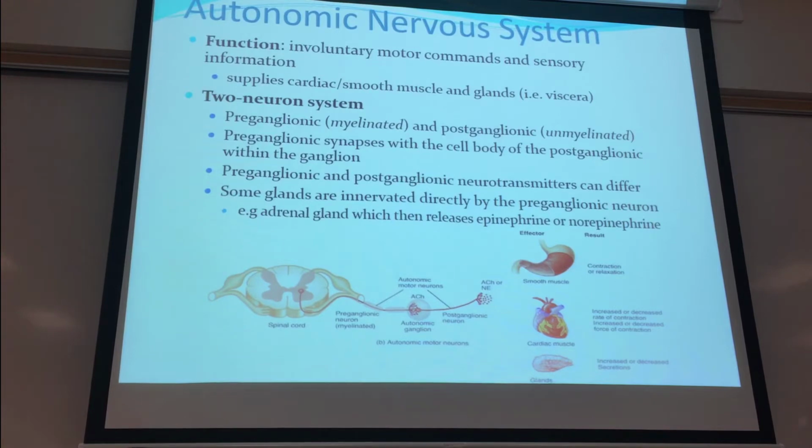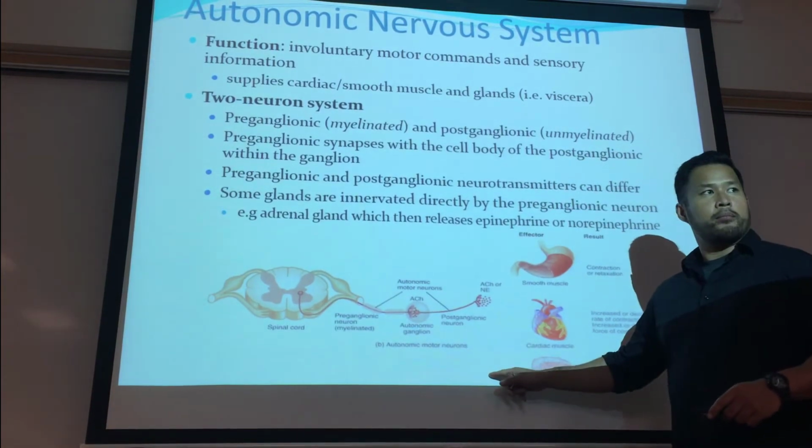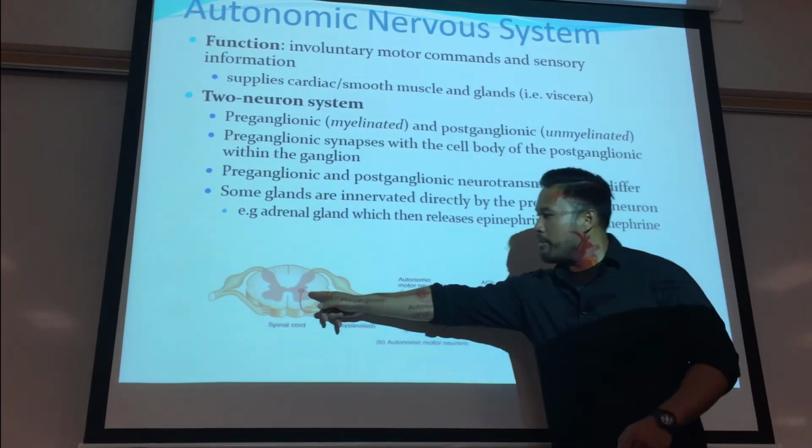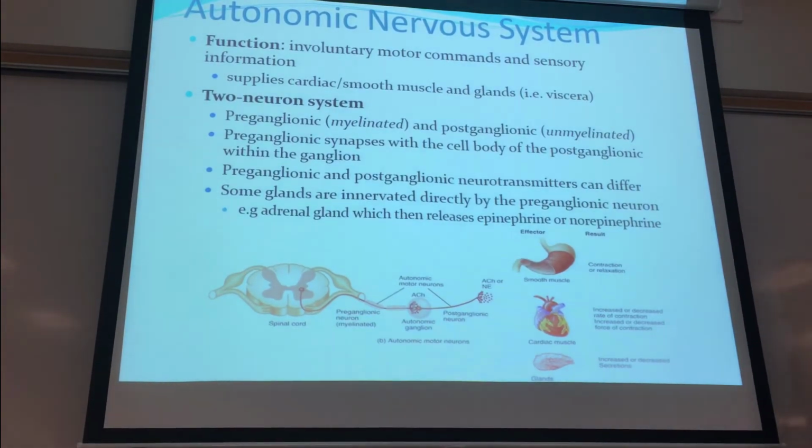Now the key difference with the autonomic nervous system compared to the somatic is that the autonomic pathways involve a two-neuron system. In the somatic nervous system, you saw the motor neuron that starts from the spinal cord out directly to the muscle. In this case, autonomic is going to involve two. So what falls in between?